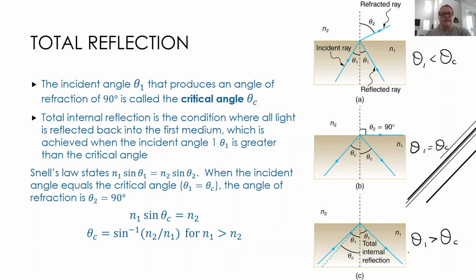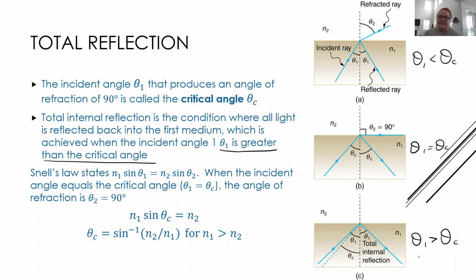Okay, so let's look over here for a second. So we have that critical angle at which we'll have this refraction, right? This refraction along the surface, we can say. Total internal reflection, like I mentioned briefly, is where all the light is reflected back into the medium. So that's achieved when the incident angle, theta 1, is greater than the critical angle, okay?